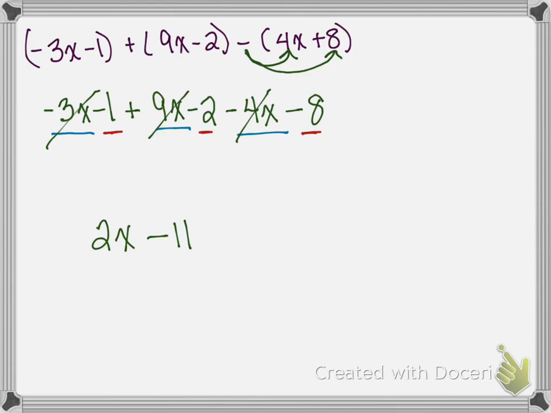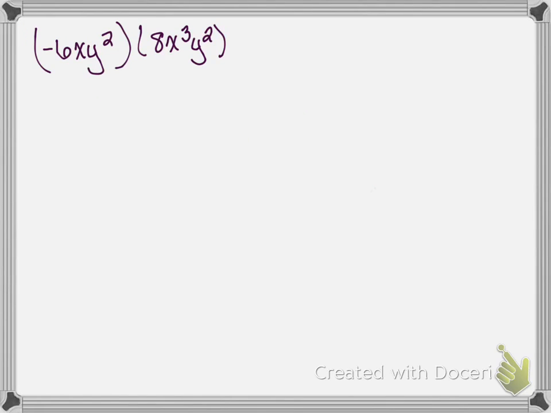So let's go to the next one. Okay. This is where we start exploring our exponent properties. The question you need to ask yourself, is there anything on the outside, okay, specifically an exponent, outside the parentheses?